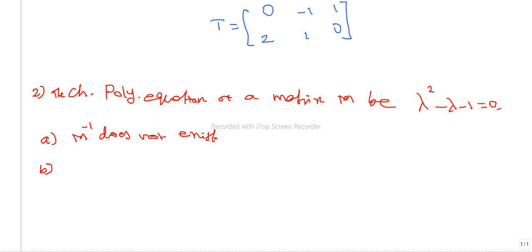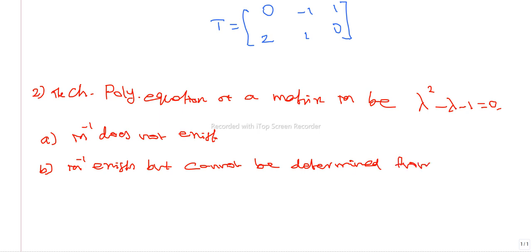Second option, M inverse exists but cannot be determined from the given data. Third option, M inverse is M plus identity matrix. And the fourth option, M inverse equals M minus identity matrix.